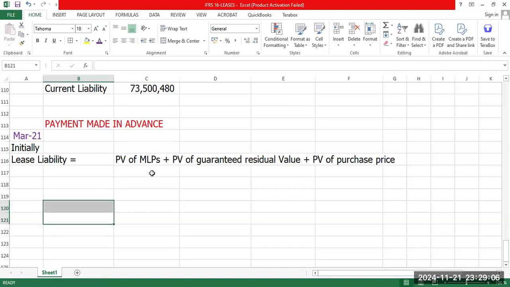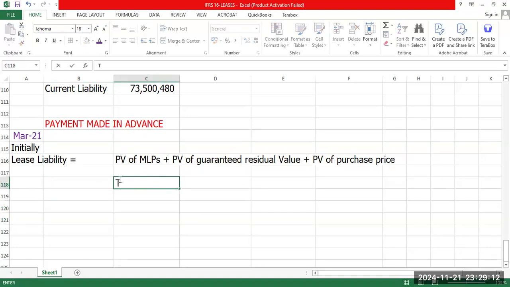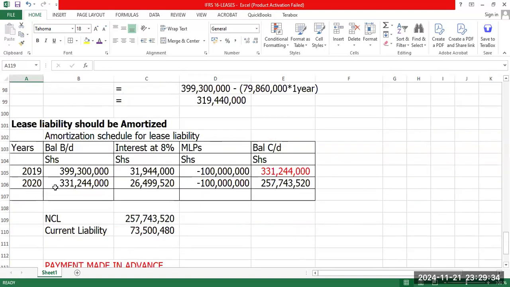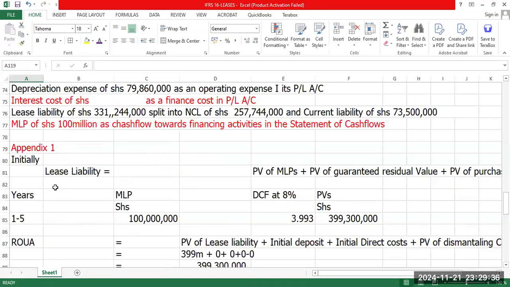Only what we have is minimum lease payment. But this minimum lease payment is made in advance. So create here, not to waste time. Going back here.